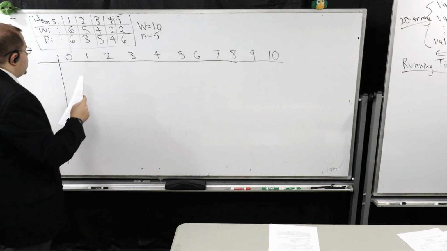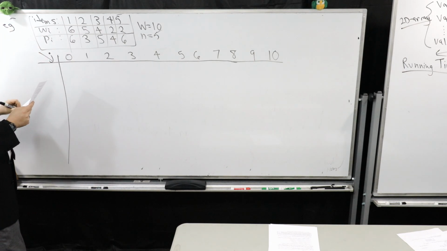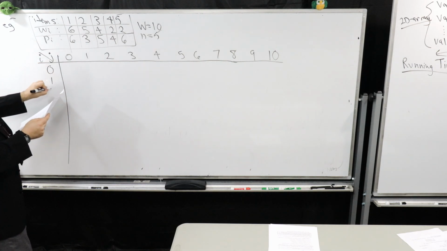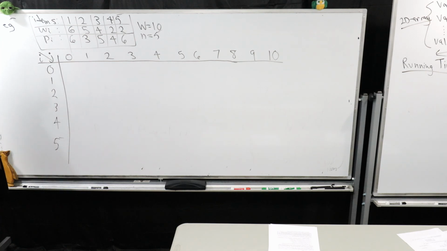These are going to be my j values on the columns. On the rows, I'm going to have i values that go 0, 1, 2, 3, 4, 5, because I have 5 items.